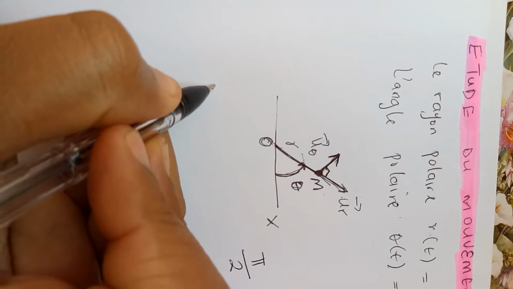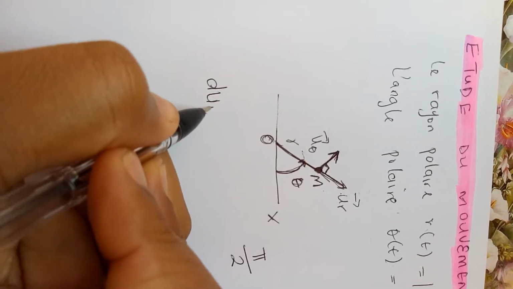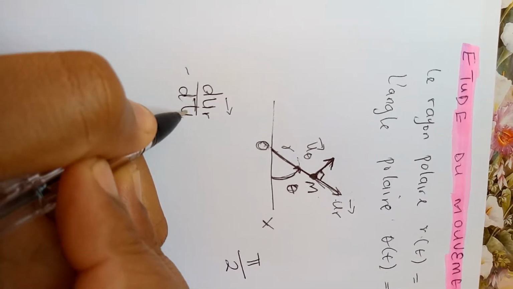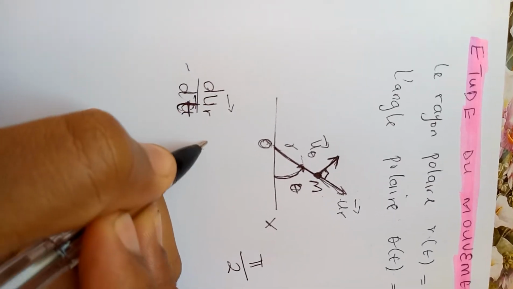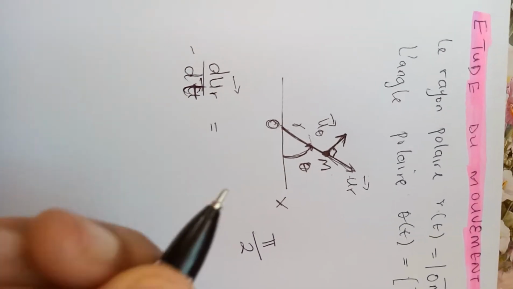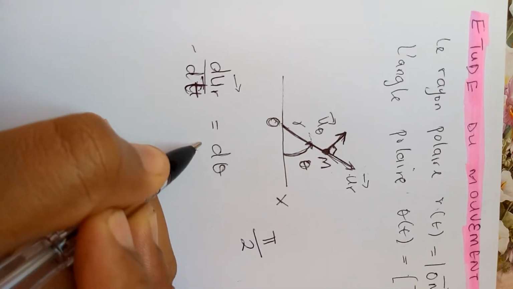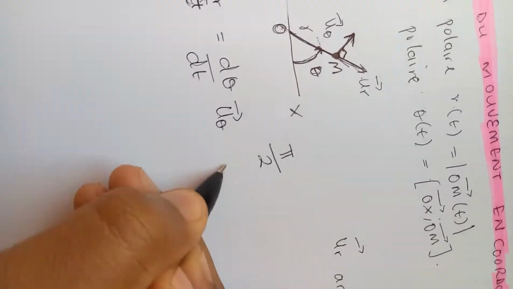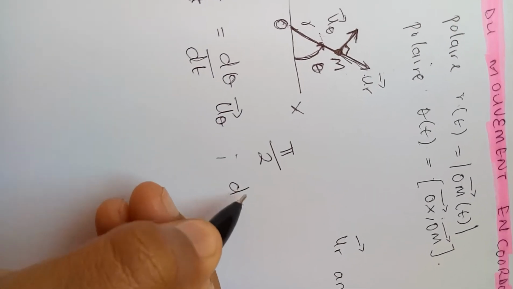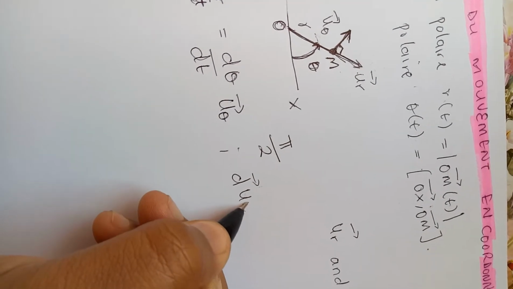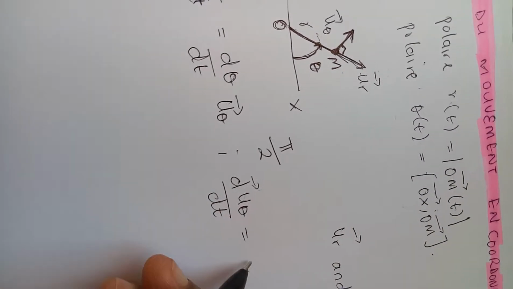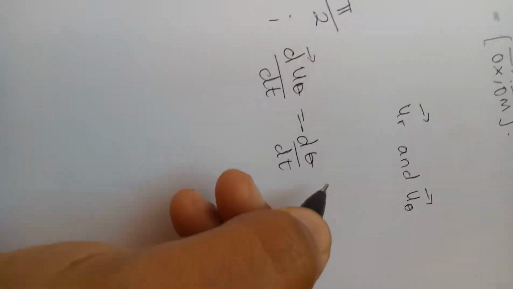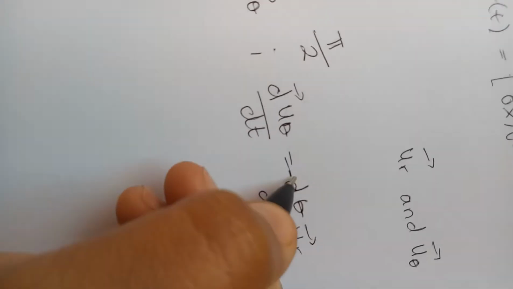The derivative of u_r, so it's du_r over dt, will be d theta over dt times u_theta. And the derivative of u_theta, du_theta over dt, will be minus d theta over dt times u_r.